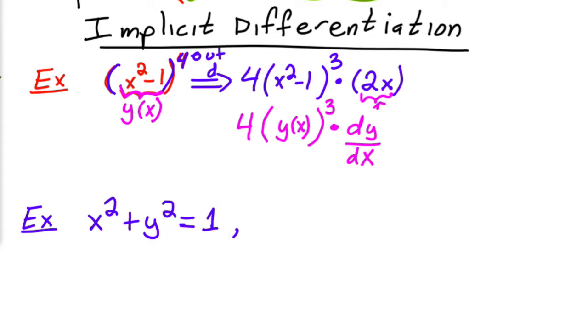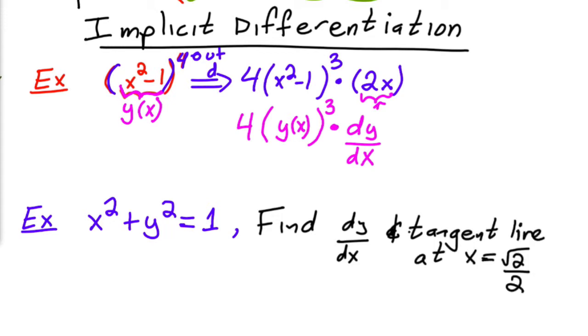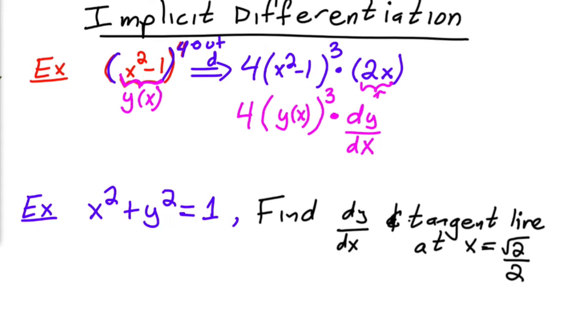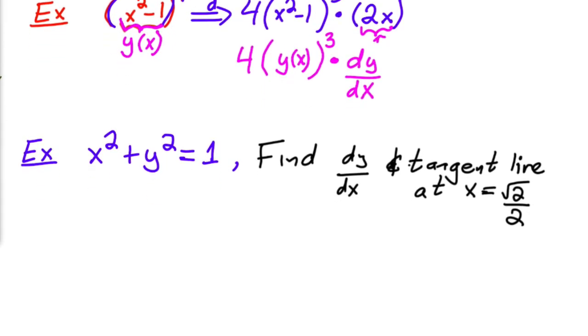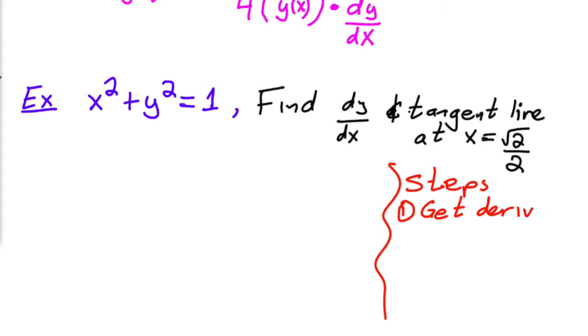And you want to find the derivative and you want to find the tangent line at x equals root 2 over 2. Okay, so this is what you do. I'm going to write down the steps over here. Okay, so step 1, you're going to get the derivative of both sides.